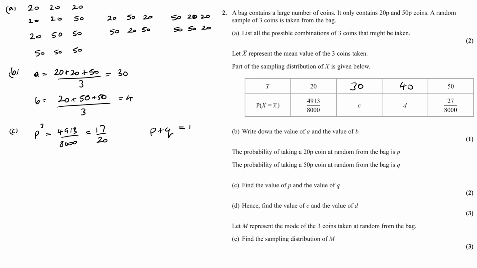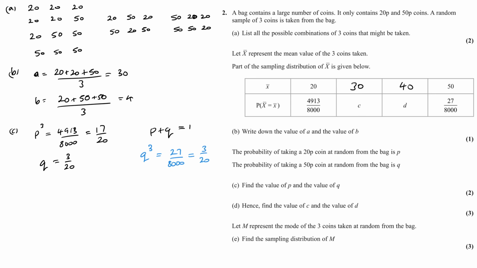Those are the only two options. So I can quickly say that Q is going to be 3 over 20. But I'll just write in blue here the alternatives. So we're looking at Q cubed will be 27 over 8,000, which is 3 over 20.